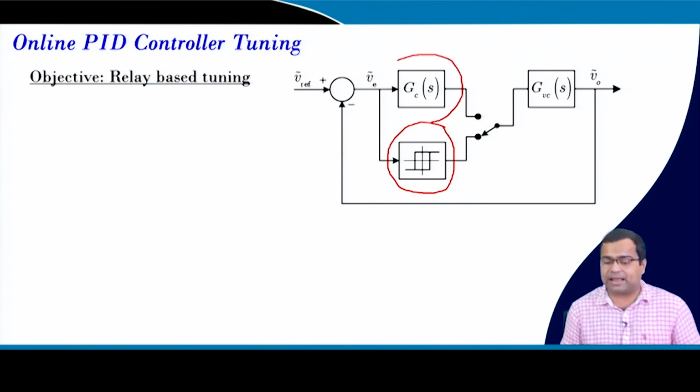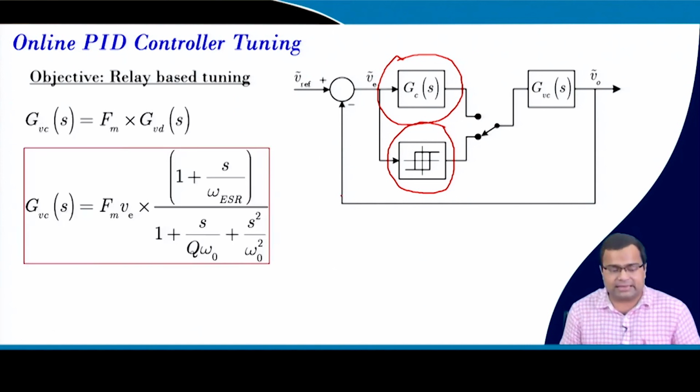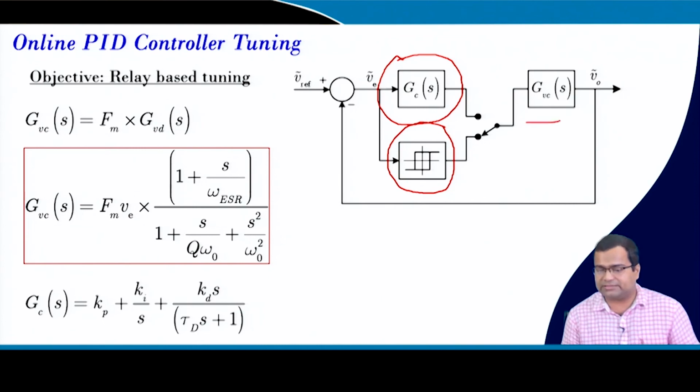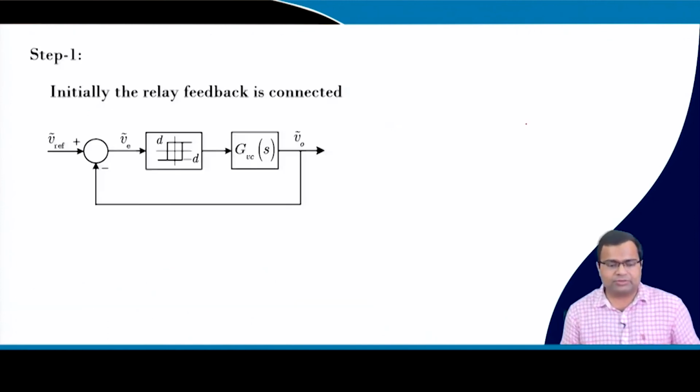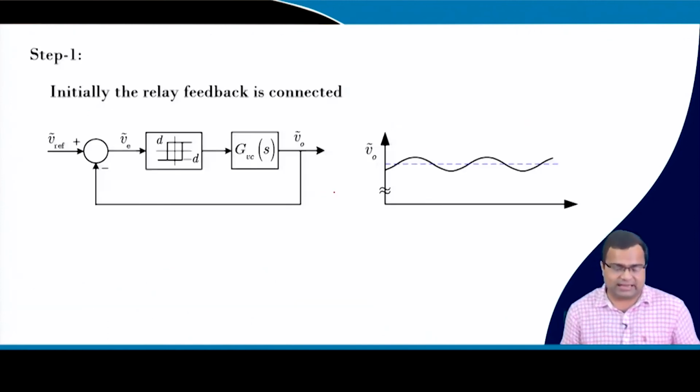So, this is your actual PID controller, but initially the relay is connected and it creates a sustained oscillation, and this is your GVC, which includes your GVD and the modulator gain. Okay. So, step 1, initially relay feedback is connected.